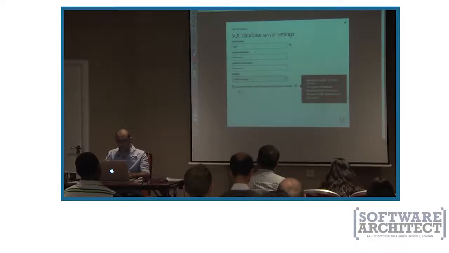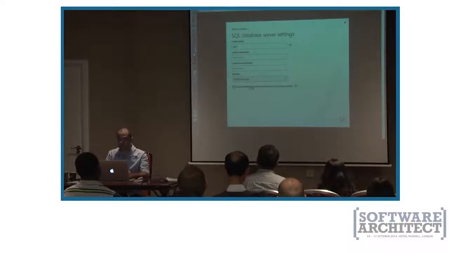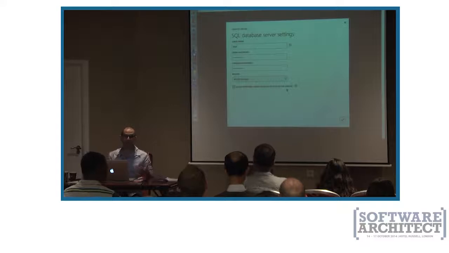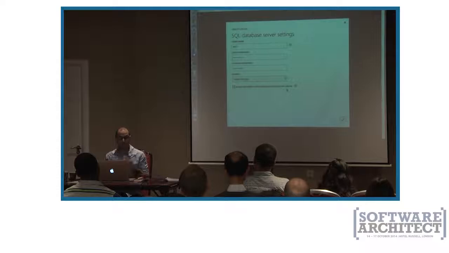Okay, here I have a checkbox, allow Windows Azure services, they haven't changed it to Microsoft Azure for some reason, to access the server. That means that any application that is deployed in the data center, meaning using either of the hosting options of Azure, virtual machine, websites that we're going to see, cloud services, mobile services, either of the hosting strategies of Azure, will be able to access this database, of course, if you know the username and password.